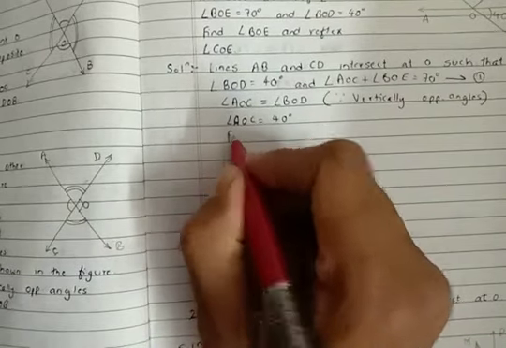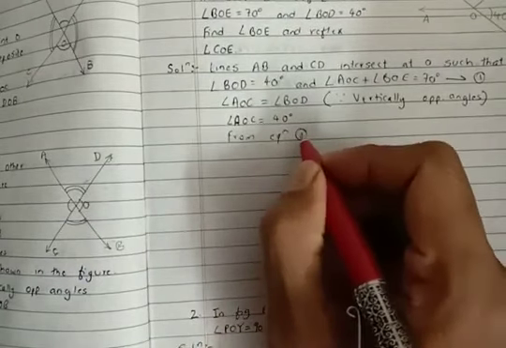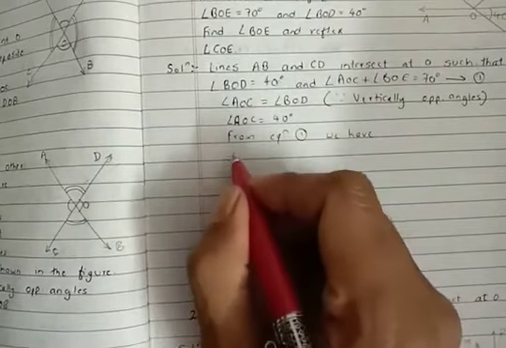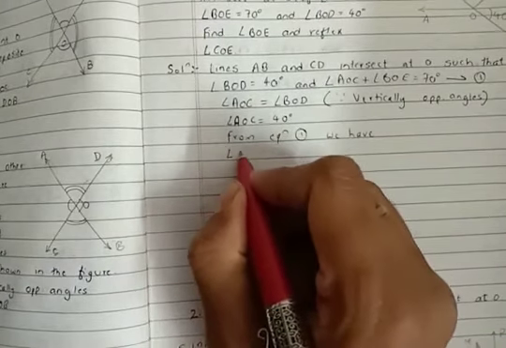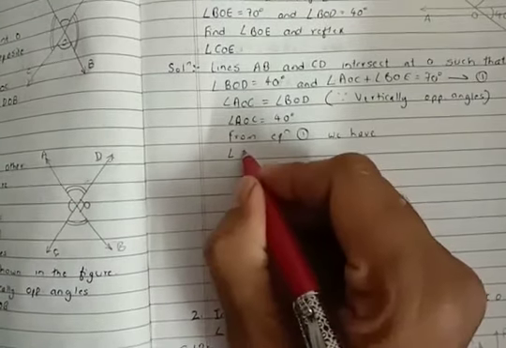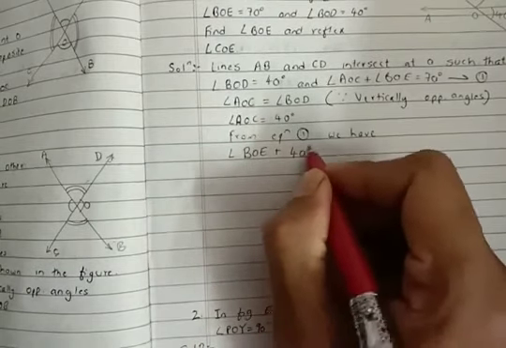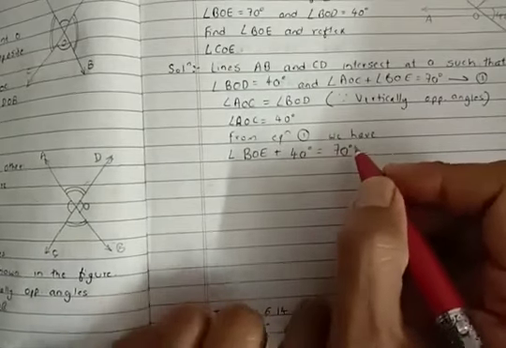We can write now from equation 1 we have angle BOE plus 40 degrees equal to 70 degrees, right?